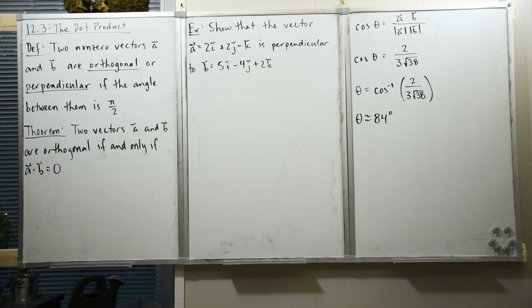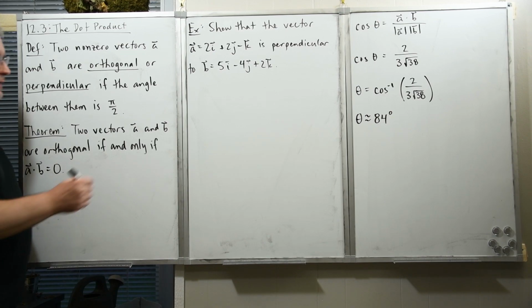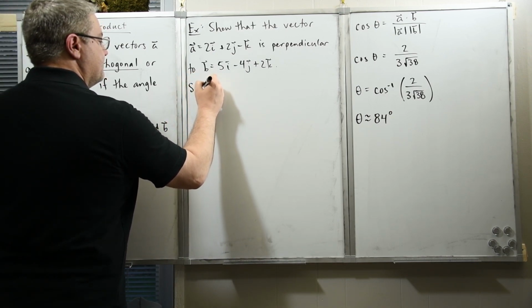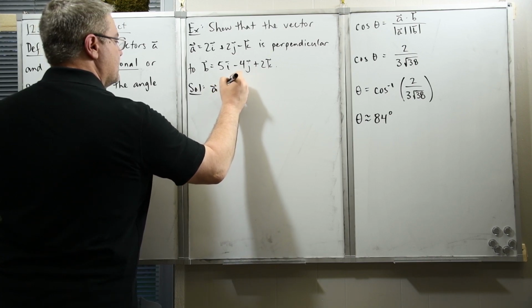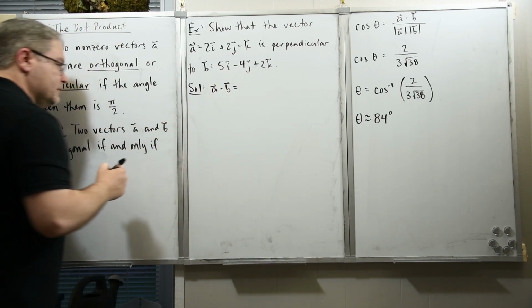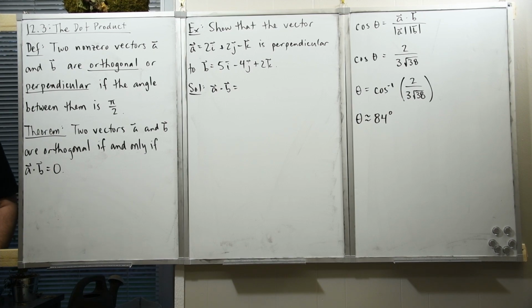Alright, so show that these two are perpendicular. Well, to show they're perpendicular, we'll take a look at the dot product. So we'll consider A dot B.